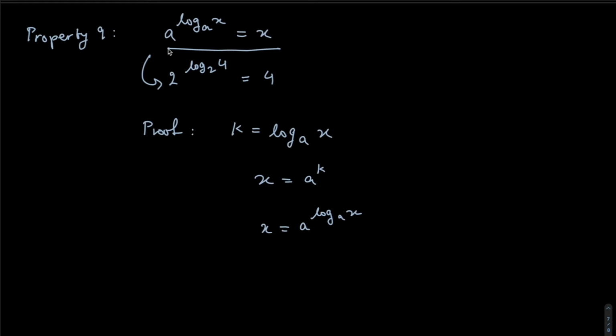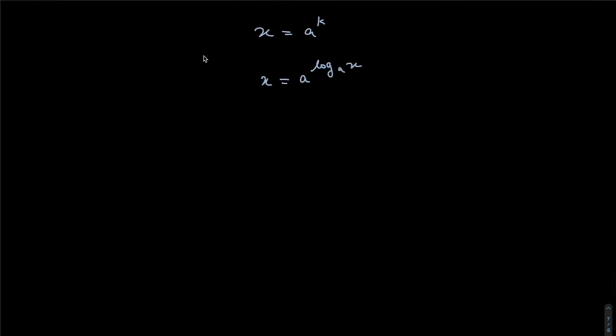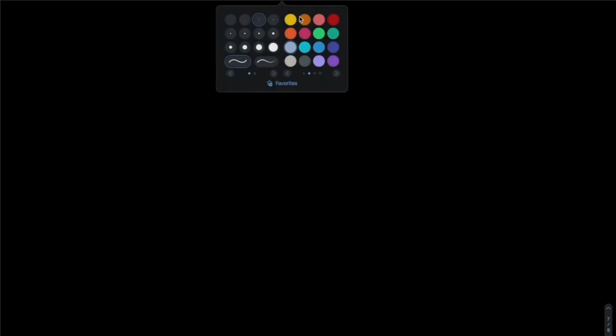Again, these properties by themselves don't really have a lot of value, but when you see them in questions, then you're actually going to be able to say, okay, this is what's happening. So, final property, number 10.